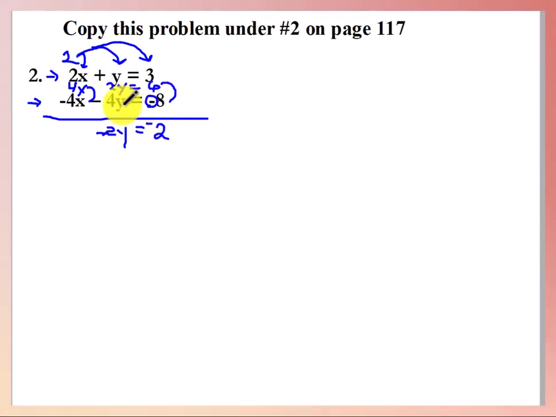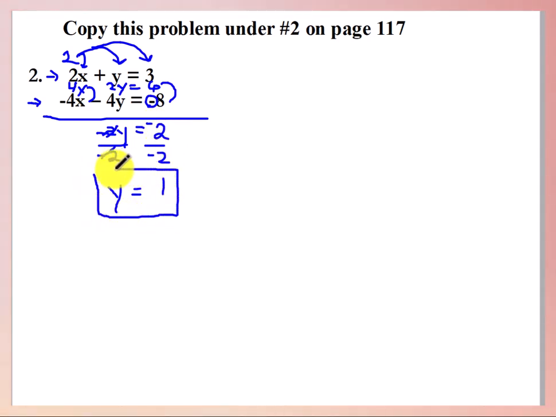Okay, so I have negative 2y equals negative 2. Divide both sides by negative 2. That's going to cancel. Negative 2 over negative 2 is 1y. 1y is equal to 2 divided by 2 is 1, and negative divided by negative is a positive. So y equals 1.